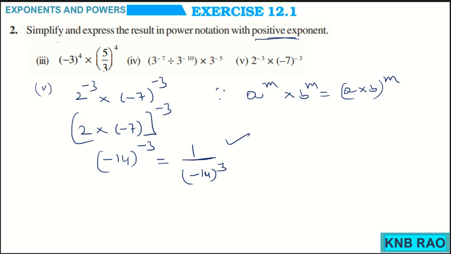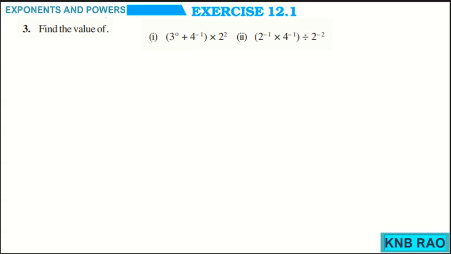Coming to question number 3. In this main question number 3, we have got sub questions. There are 5 sub questions, and we will solve them one by one. First one I am taking: 3 power 0 plus 4 power minus 1 into 2 square.